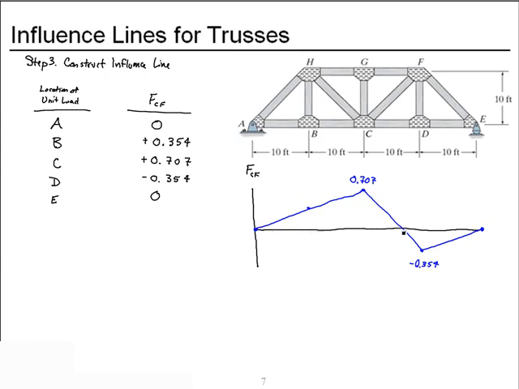Now notice that the point where the influence line goes 0 is not at a joint in the truss. So let's figure out how far from point C the influence line becomes 0. And we'll use similar triangles.